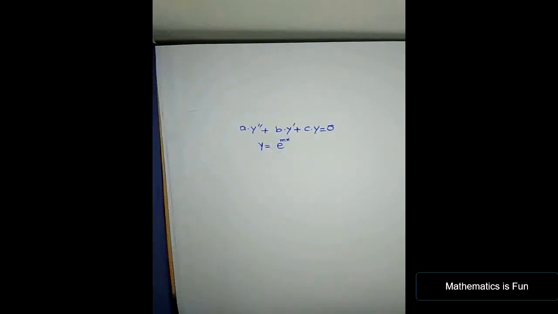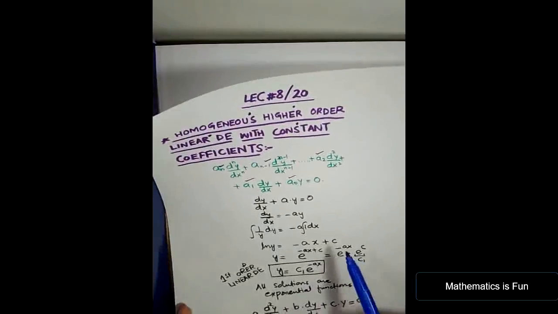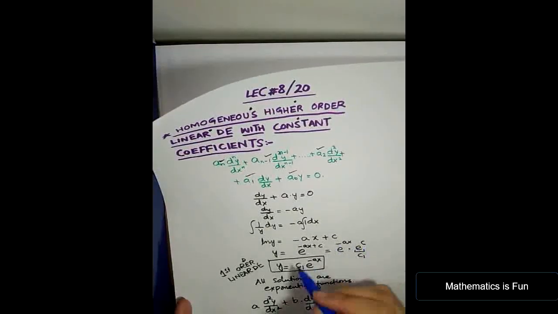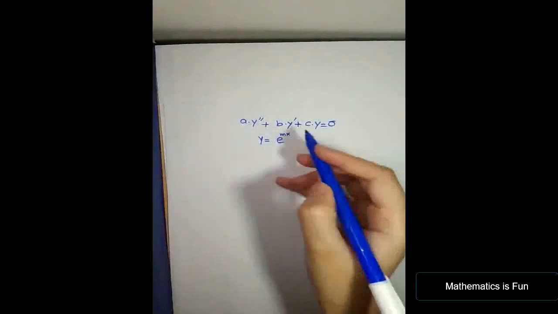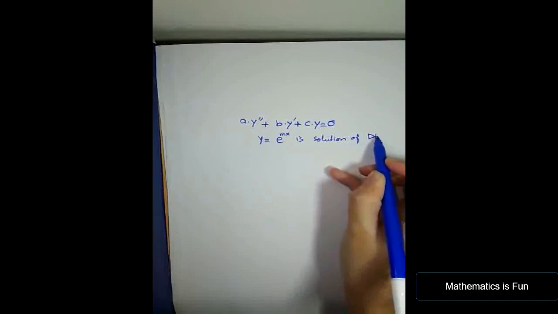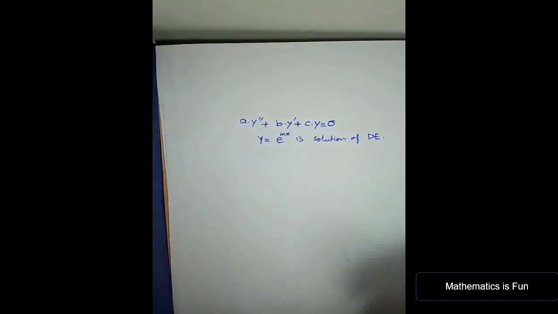In the first order we had minus a, which means some constant. So I generalize it and say that y equals e to the power mx is the solution of this differential equation.